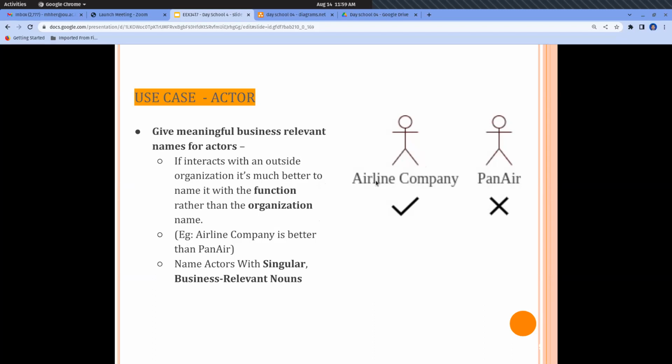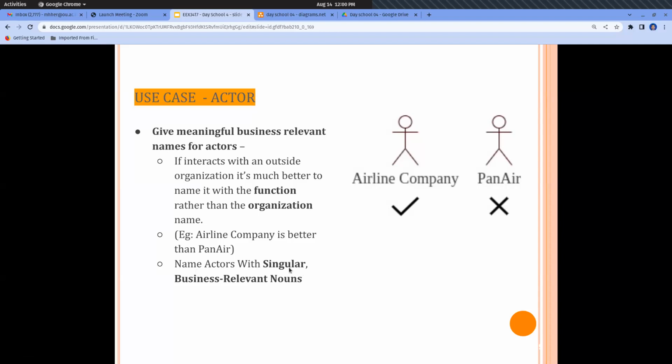Suppose we are going to implement a system for Sri Lanka. We are not going to write Sri Lanka as the actor. We write airline company, just a general name.